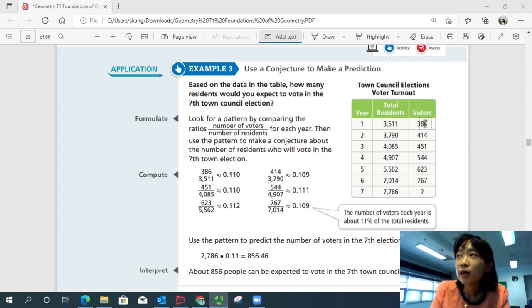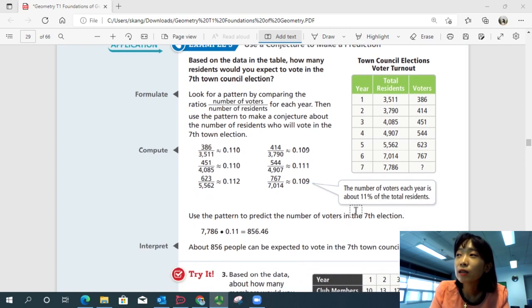The number of voters divided by the number of residents is approximately 0.11. Okay, so it's about 11% of the total residents. So the number of people who are actually voting from the entire town is going to be 11%.